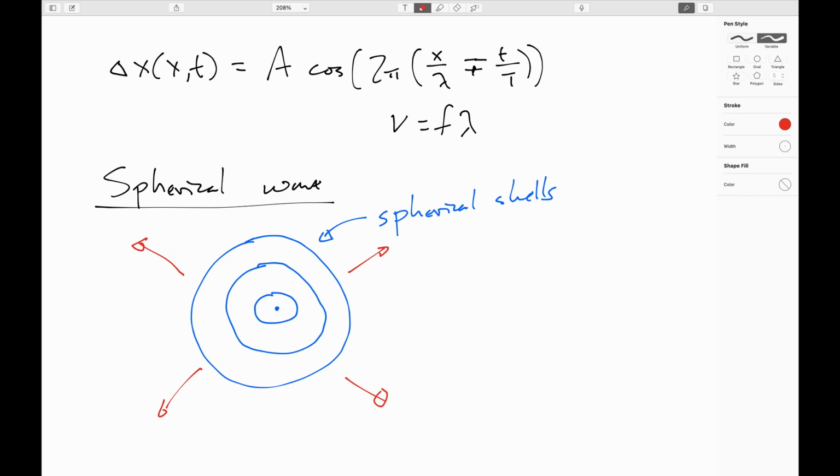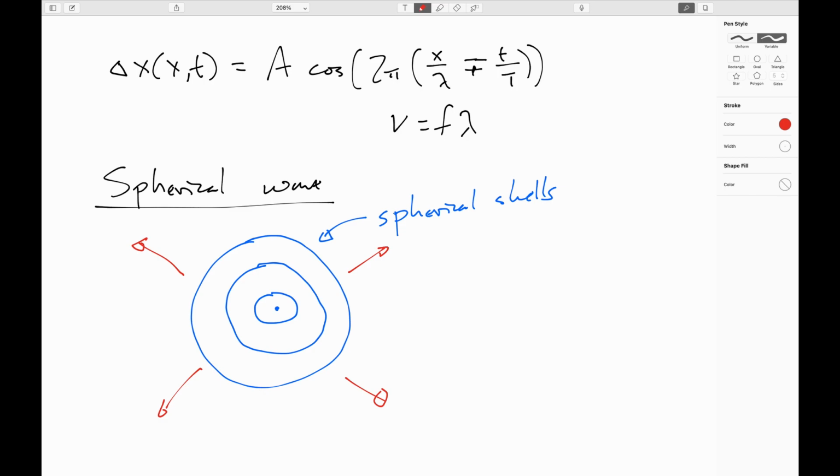The shape will be spherical-ish, for reasons that we won't get into in this course, but the next one. The shape of what's emitting the sound does have some say in how much of a spherical section you have.